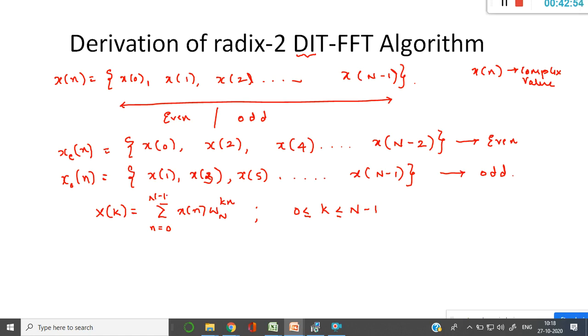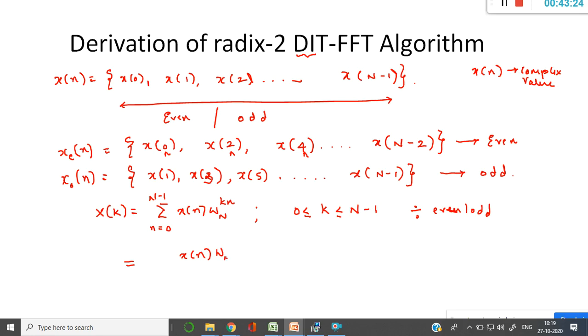In the sense, I can divide. Now, as I told you, the x of n sequence is divided in terms of even and odd. Is it possible to divide this in terms of even and odd? What I am trying to do is the entire summation, where each value of x of n is multiplied with the twiddle factor W_N. The small value n is n equal to 0, n equal to 2, n equal to 4, right?